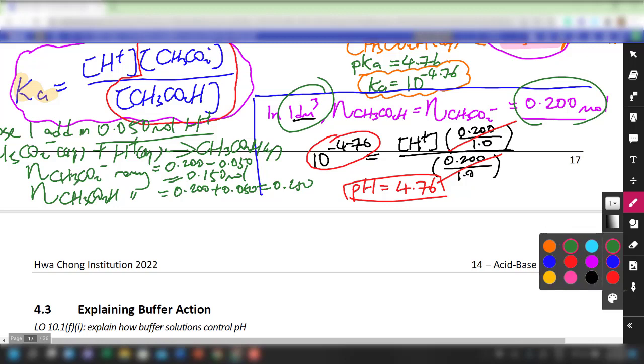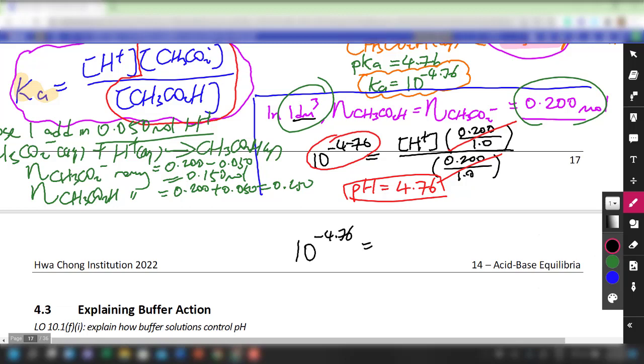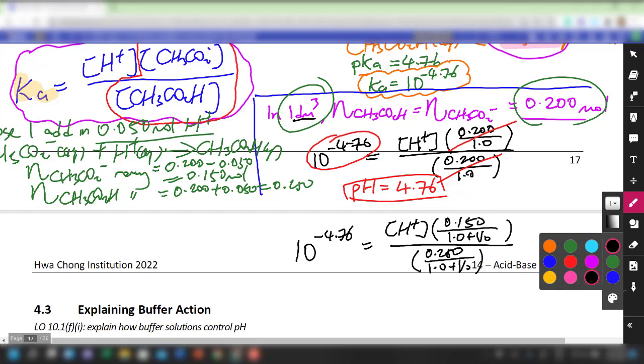We use the same logic: 10 to the power of minus 4.76, remember the Ka expression, equals [H+] times the amount of ethanoate, 0.150 over 1.0 plus V0, where 1.0 is the initial volume and I've added H+ from an unknown volume, divided by 0.250 over 1.0 plus V0. You realize that it doesn't matter what V0 is, because it cancels out.